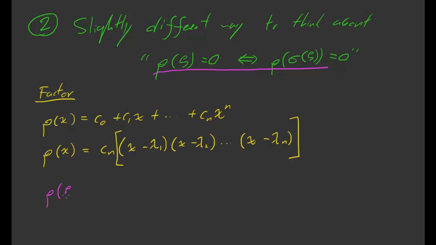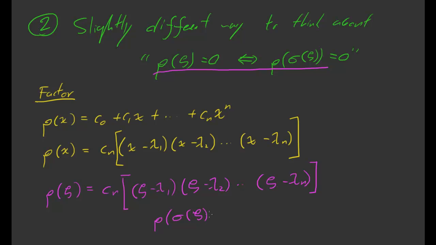In the factored version, p of zeta is equal to cn times (zeta minus lambda 1), (zeta minus lambda 2), ..., (zeta minus lambda n), and p of sigma zeta is equal to cn times (sigma zeta minus lambda 1), (sigma zeta minus lambda 2), ..., (sigma zeta minus lambda n).